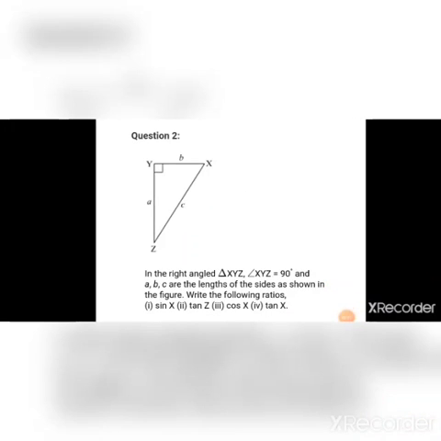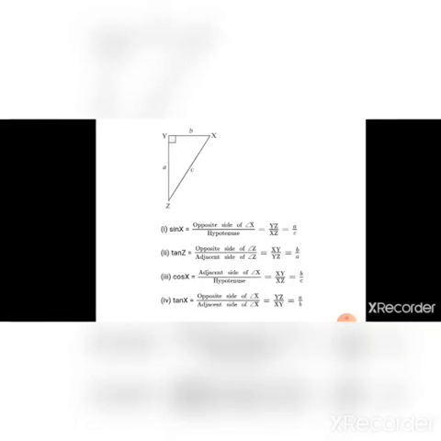The second example, in the right angle triangle XYZ, angle XYZ is equal to 90 degree and A, B, C are the lengths of the sides as shown in the figure. Write the following ratios: sin x, tan z, cos x and tan x. See, in the triangle XYZ, A, B, C are given the measures of the particular side.